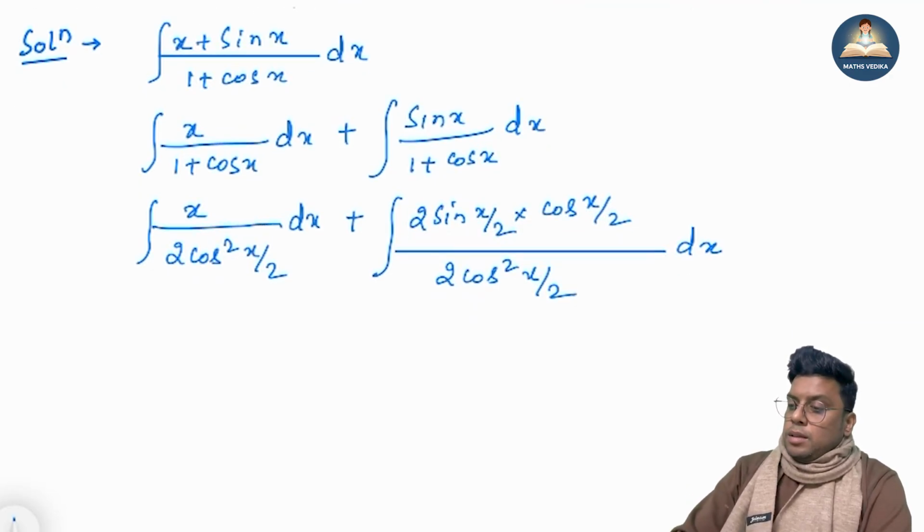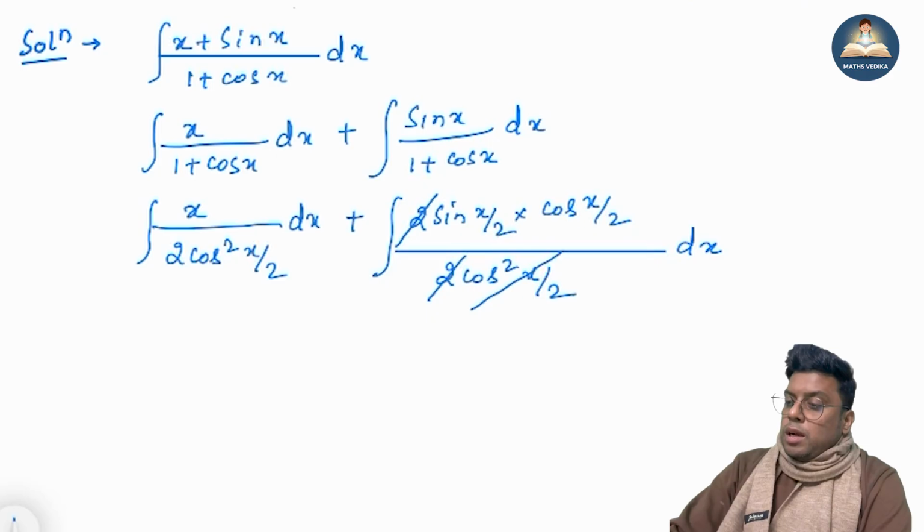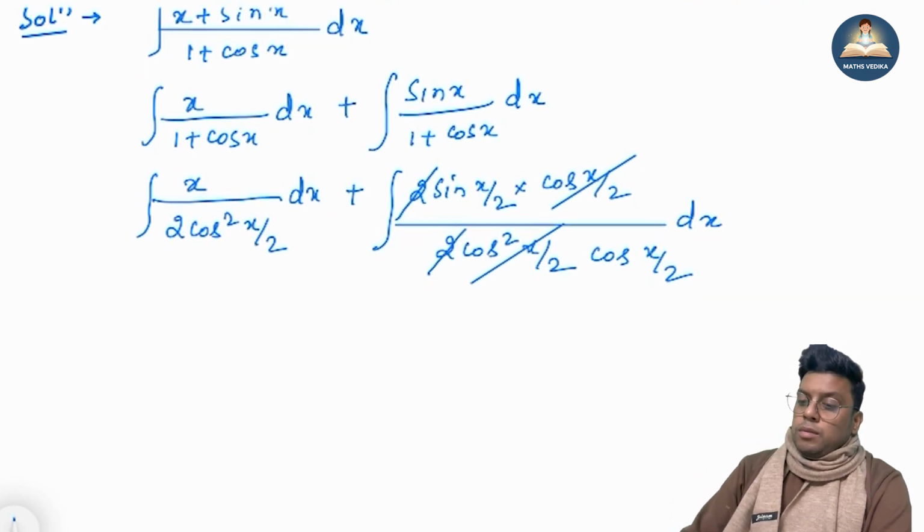Okay, so we'll cancel out 2 from numerator and denominator, and cos² (x/2) and cos (x/2) will cancel to leave cos (x/2).